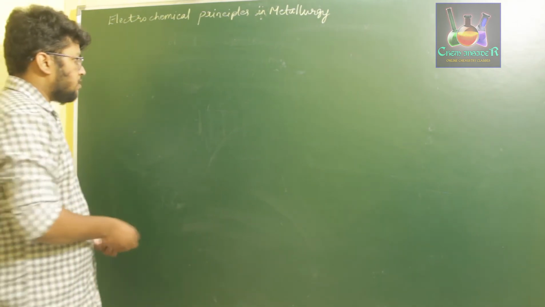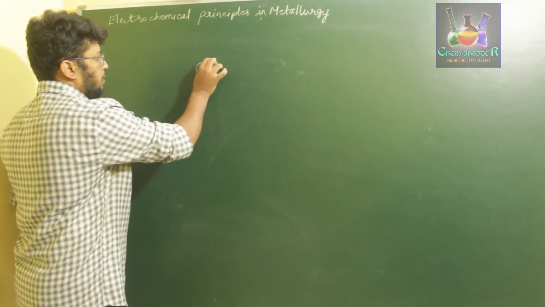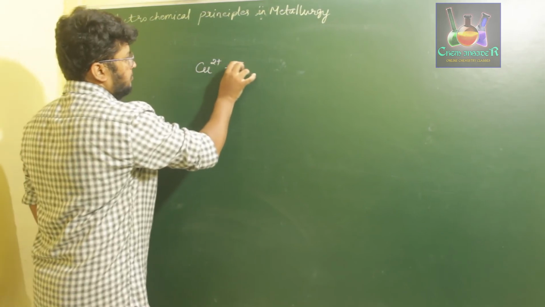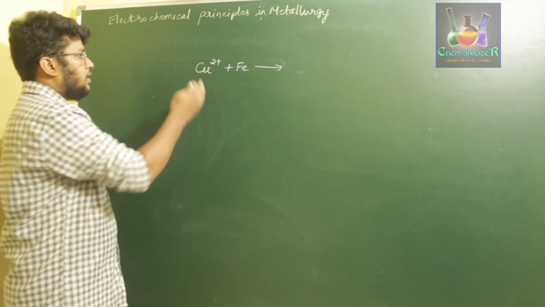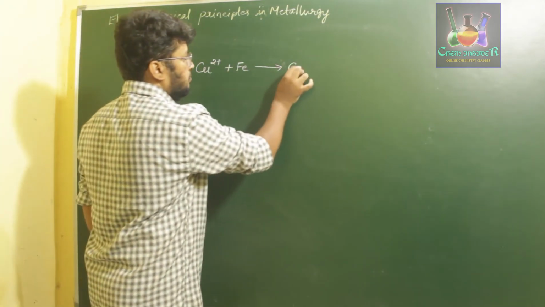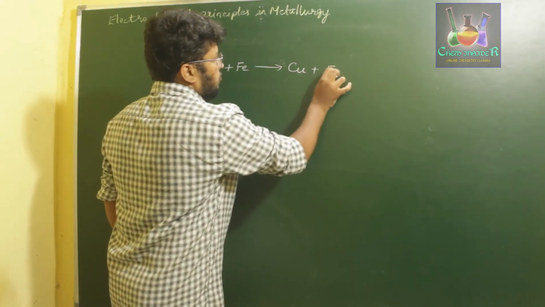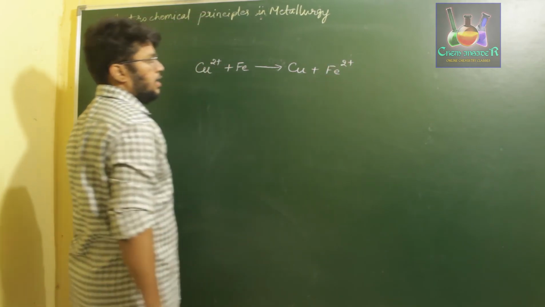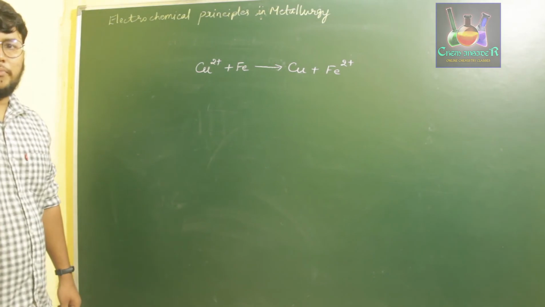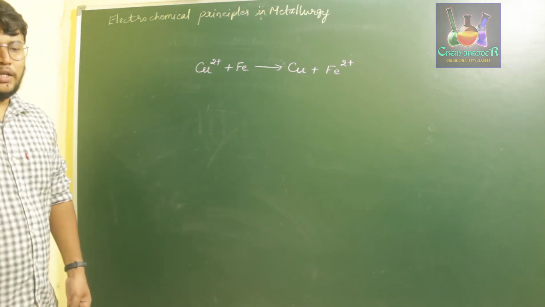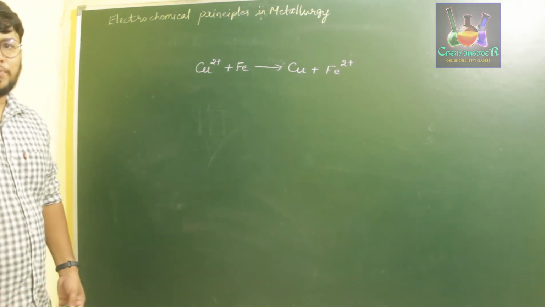Okay, so when you treat Cu2+ with iron, we can convert Cu2+ to Cu, in which case we observe that Fe is getting oxidized to Fe2+. This process is called extraction of metal using one more metal which has a reducing property.